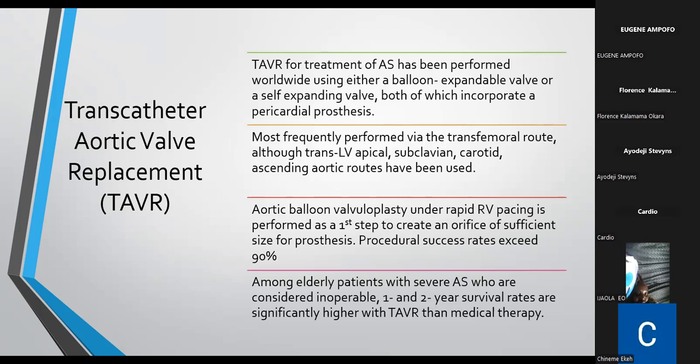And this is commonly indicated when you have an elderly patient with severe AS who is considered inoperable, I mean, you can't do a surgical replacement, and the 1 to 2 year survival rates are said to be higher with TAVI than with medical therapy.